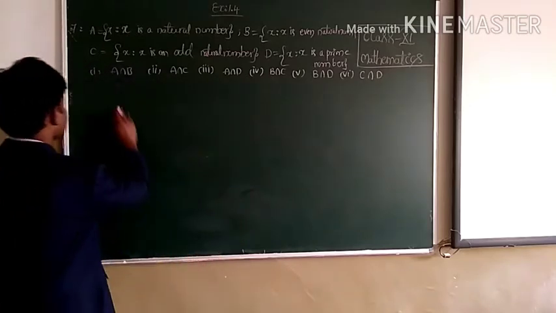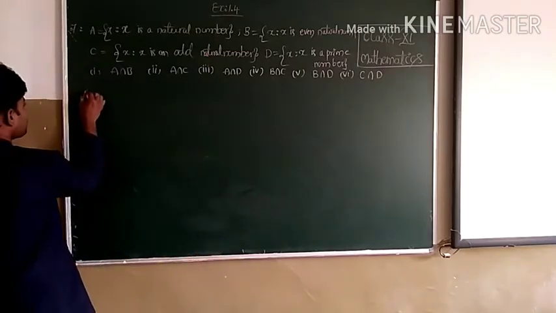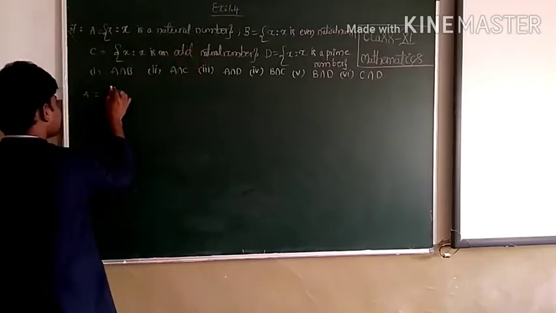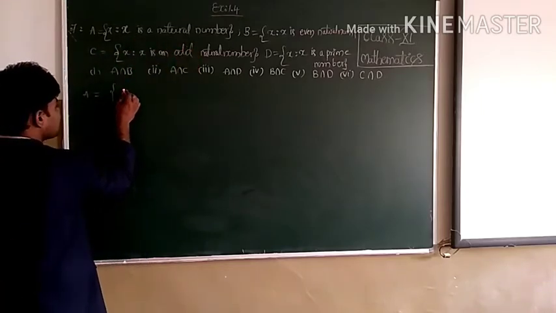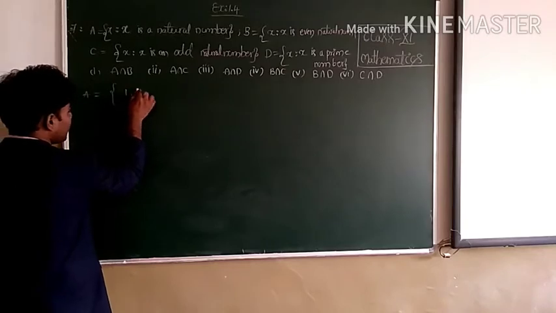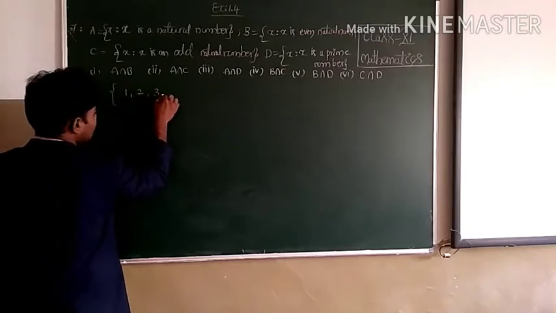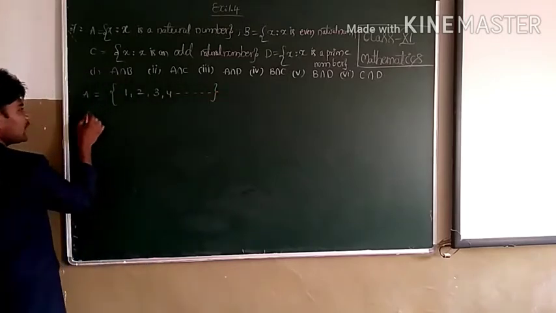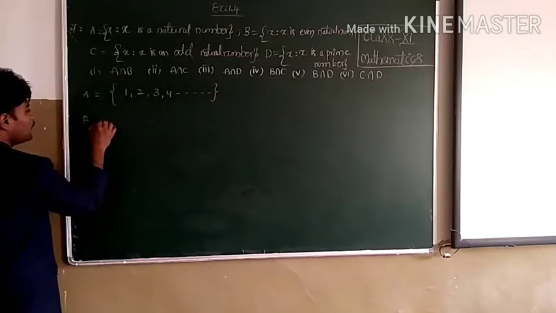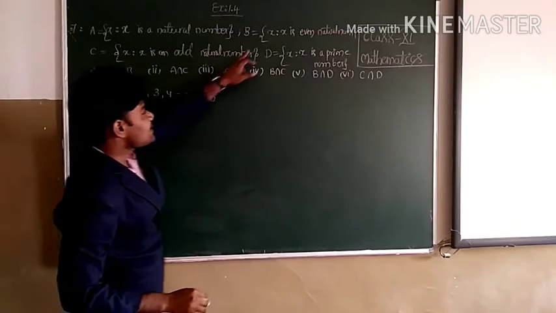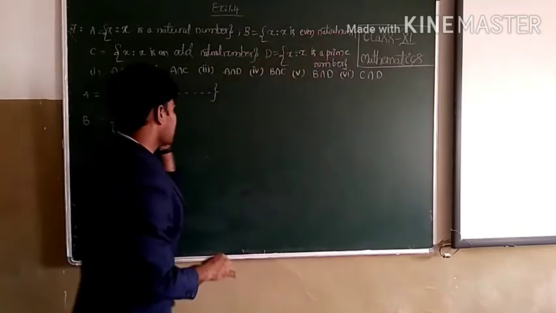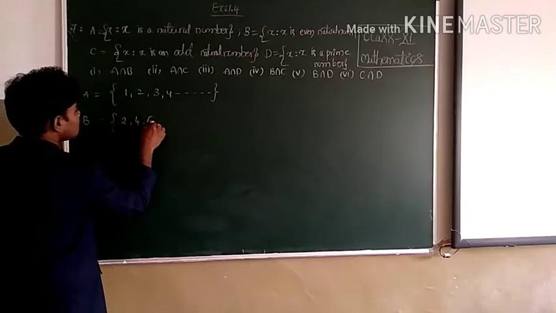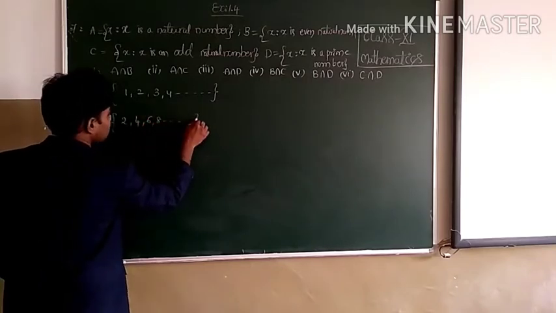First let's see the roster form of set A. x is a natural number, so natural numbers start from 1, 2, 3, 4 and so on. Right? Now B is x such that x is an even natural number, so only even natural numbers: 2, 4, 6, 8 and so on.